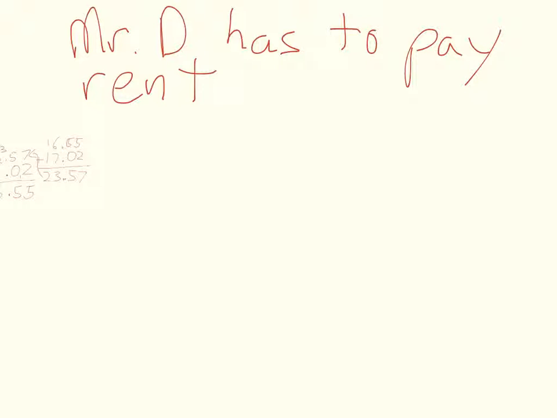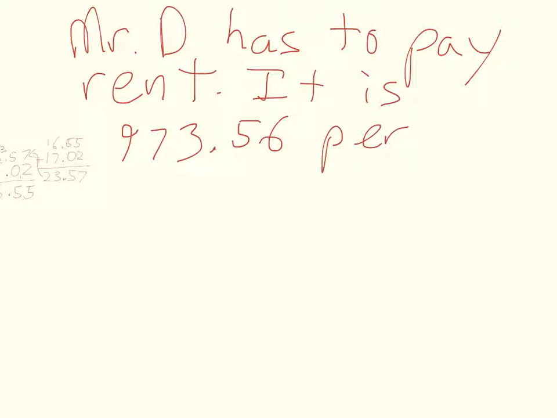You've got to pay for your house. Now normally rent is like an even dollar amount. You might pay like $1,000 or like $900, but we're going to make this one a harder amount for the problem. So we're going to say $973.56. Usually you wouldn't pay that. It is per month.